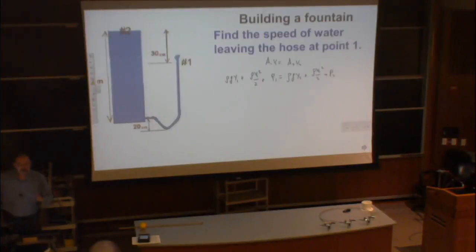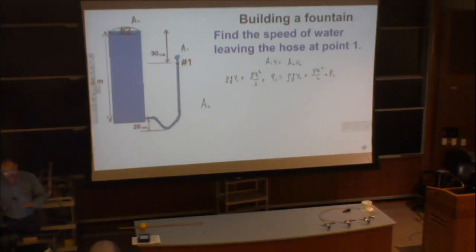Now we can start thinking a little, not too much, not too hard. First of all, in this situation, we have to make certain approximations. For example, if you look at this picture, this area is much larger than the area of this hose.